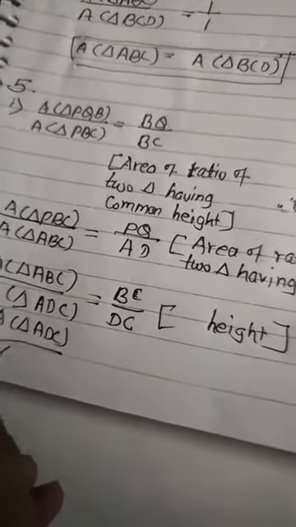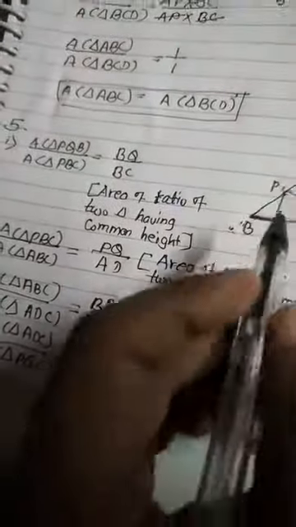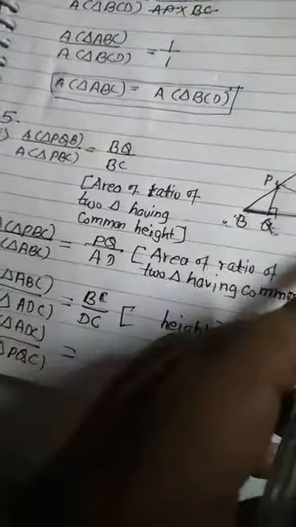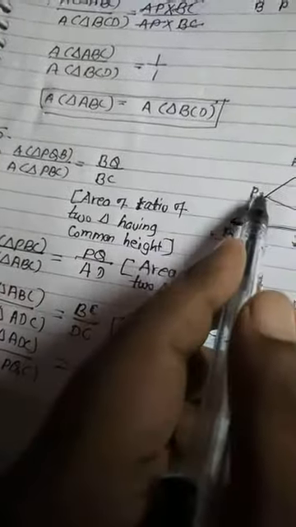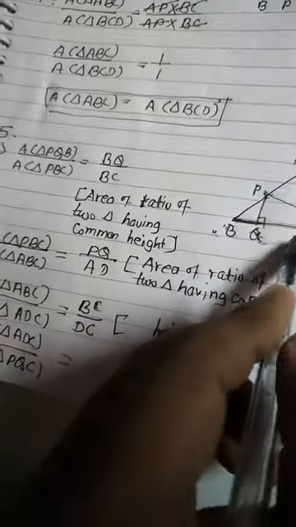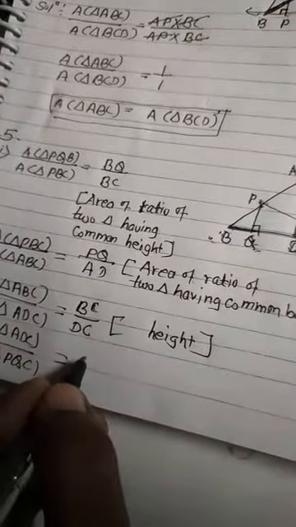The next one, the fourth part: the area of triangle ADC upon the area of triangle PQC. See, PQC and ADC. I think nothing is common here. So what is the ratio?